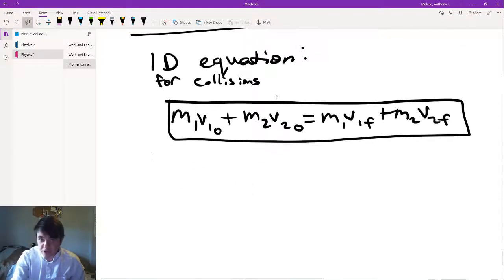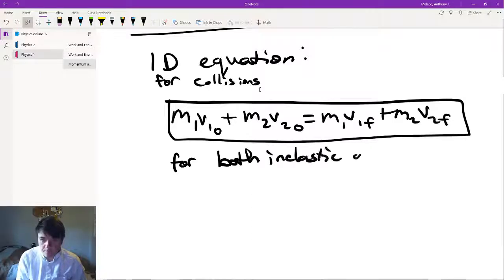So this is for collisions for both inelastic and elastic.